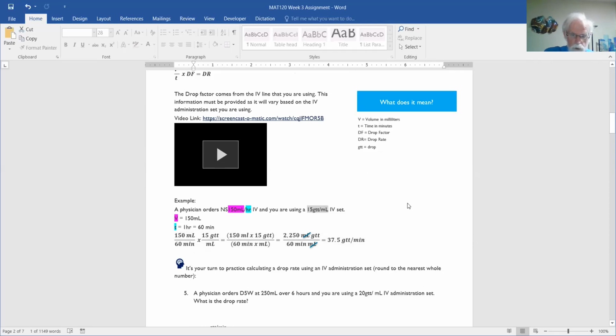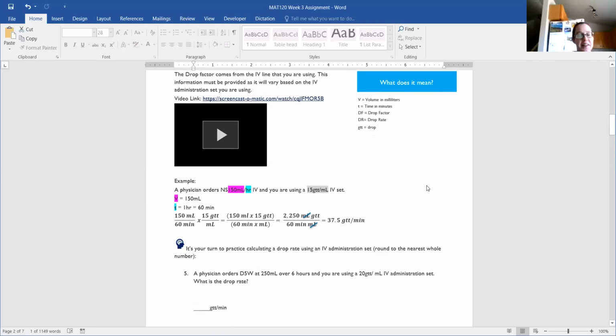Thank goodness. But it's easy enough to see. In this case, you're going to have a problem here that has 20 drops per milliliter as the drop factor. As I say, my preference is to calculate the rate in milliliters per minute and then multiply by the drop factor, rather than get too caught up in setting up complicated equations.